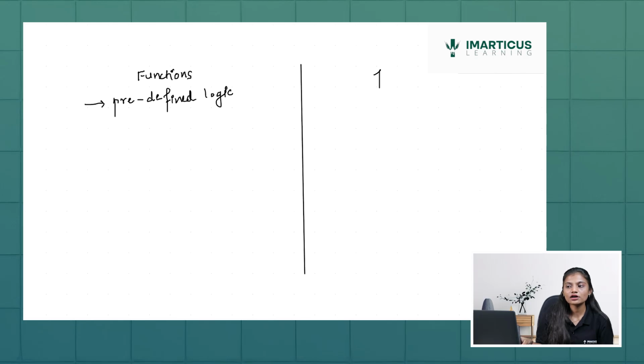Now, how do a function and a formula differ from each other? When I talk about a formula, a formula is something which is not predefined. It's not already created, or the logic is not pre-written or pre-stored. Here, we create the logic, according to the task.